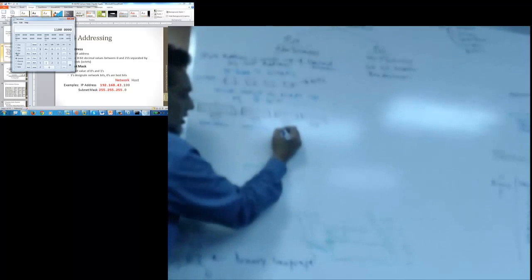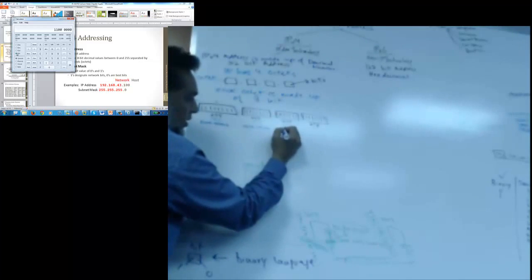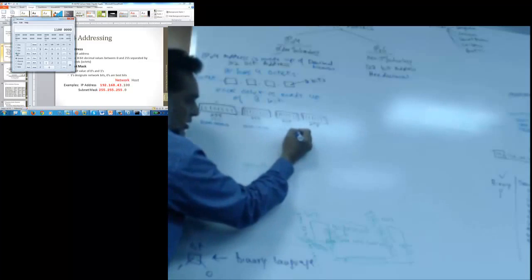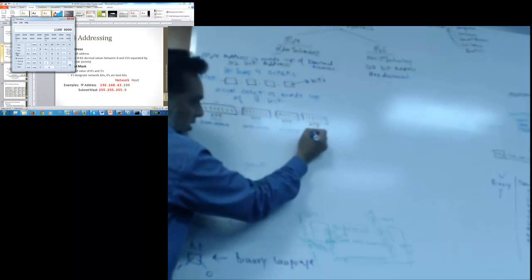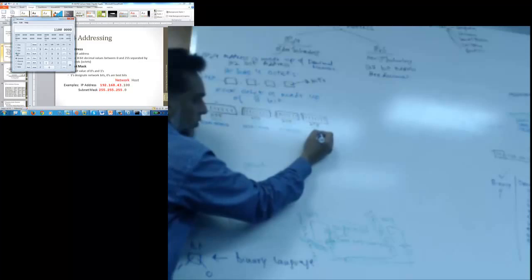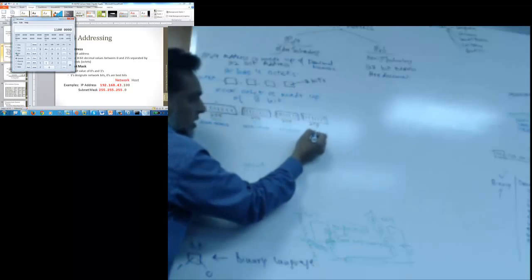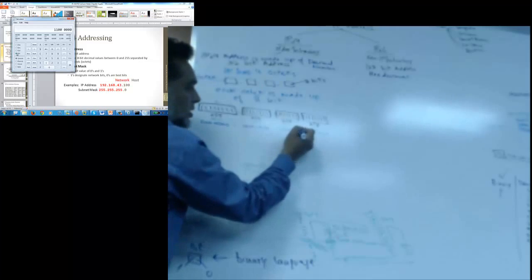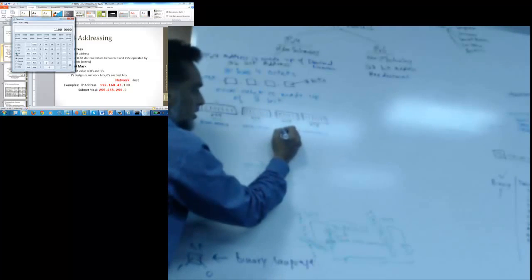And next one 1100100. And here 1010. But just to write like that, 1, 2, 3, 4, 5, 6, 7. This is what the computer does. This is what the computer does.